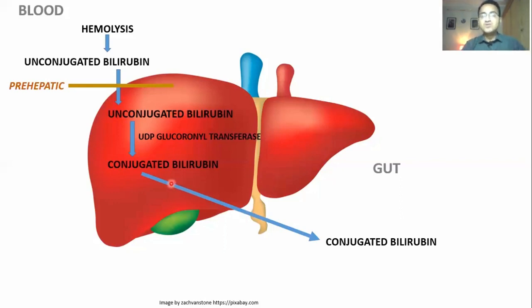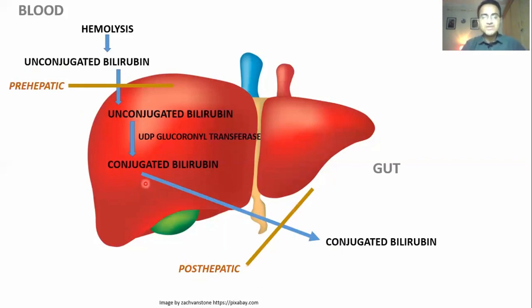So conjugated bilirubin cannot enter gut and it is backed up in liver. When conjugated bilirubin is backed up in liver, it leaks back into blood and there is rise in conjugated bilirubin. Rise in conjugated bilirubin shows that there is post-hepatic cause. There is something wrong with the excreting system.